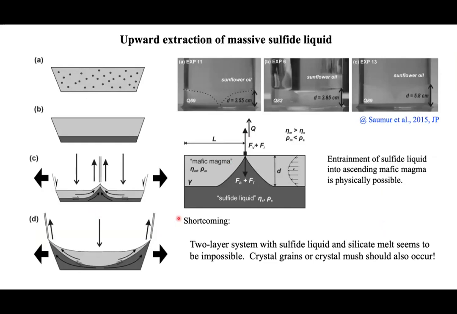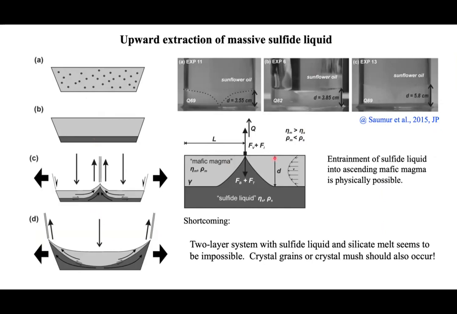And finally, we should also think about the upward transport of the massive sulfide liquid. Here are experiments from Sandy, maybe from GP papers. They think the magma chamber system is two-layered: one layer is the silicate melt, and the other is the sulfide liquid.